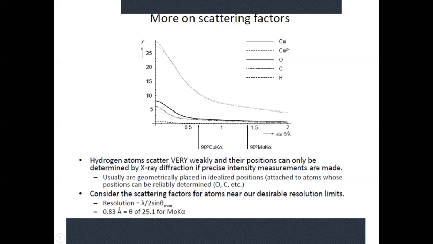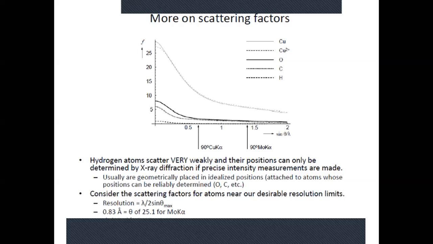Since the elements don't scatter as effectively with molybdenum radiation compared to copper, molybdenum radiation usually requires longer scan time, so longer exposure to X-rays, to help build up intensity of those weaker reflections at higher 2 theta values. If you did an experiment with copper radiation and the same experiment with molybdenum radiation, the molybdenum one will generally take a lot longer, because with copper radiation your elements have stronger scattering ability.